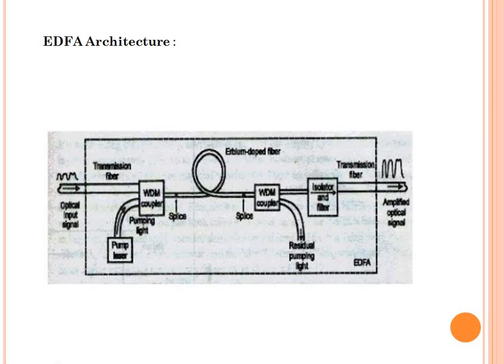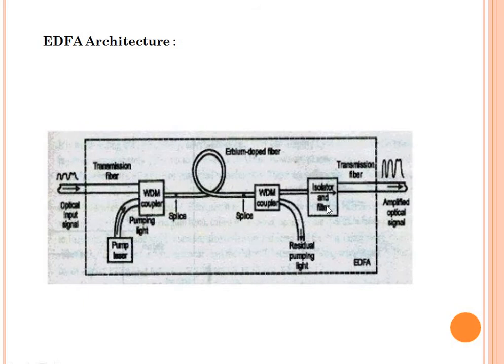The tap couplers are wavelength sensitive with typical splitting ratios ranging from 99:1 to 95:5. That is, tap couplers are used for splitting the signal. They are generally used on both sides of the amplifier to compare the incoming signal with the amplified output.